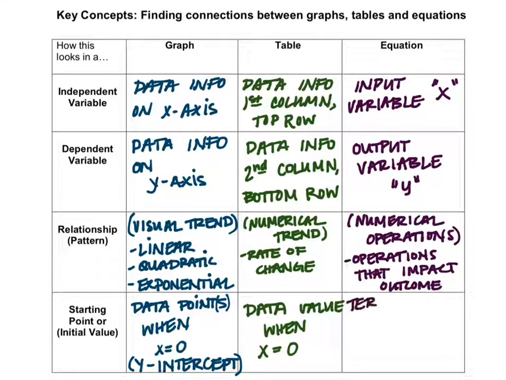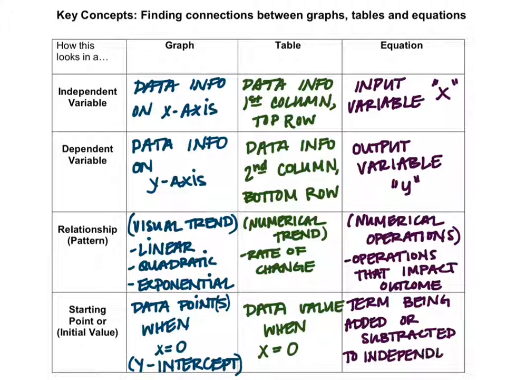And last but not least, in the equation, the starting point or the initial value is the term that is being added or subtracted to the independent variable. This is the constant. So it has the x to the power of 0.